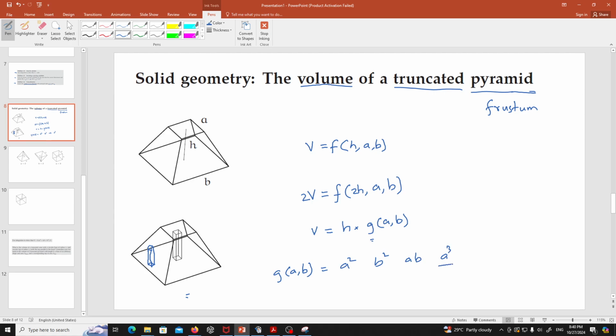a cube divided by b, b cube divided by a, then like a to the power of n plus 2 divided by b to the power of n, and all these, and then b to the power of n plus 2 divided by a to the power of n.